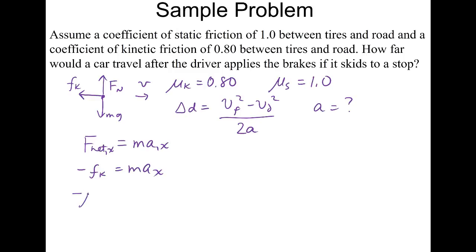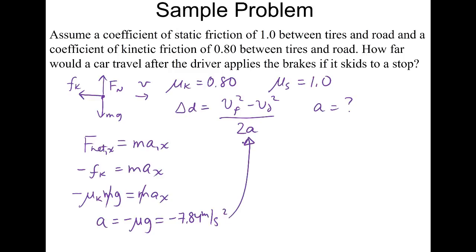Okay, so this would be mu k times the normal force, which is mg. And so we get something similar, that a is equal to negative mu times g, and that's going to come out to be about negative 7.84 meters per second squared.